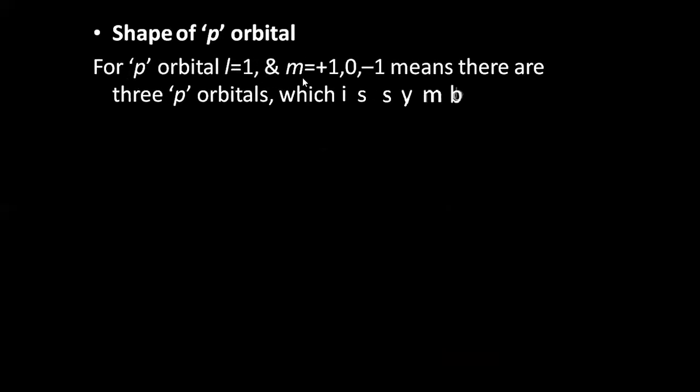Coming to the p orbital, for p, L is equal to 1. So M ranges from +1 to -1. How many values? 3. So you have 3 types of p orbital. That means the orientation of the p subshell is in 3 directions, designated as px, py, and pz.